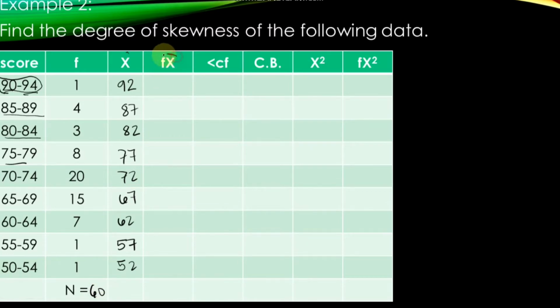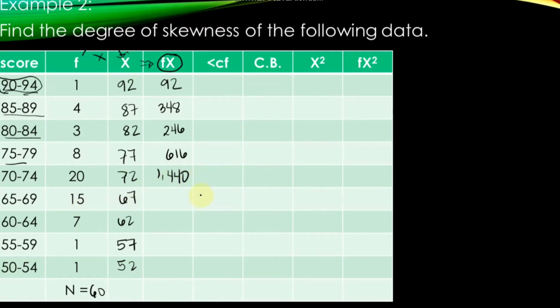And how do we find fx? We need to multiply f by x. So 1 times 92 is 92. 4 times 87 is 348. 3 times 82 is 246. 8 times 77 is 616. 20 times 72 is 1440.